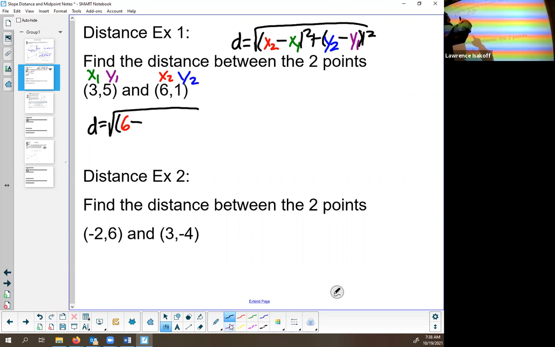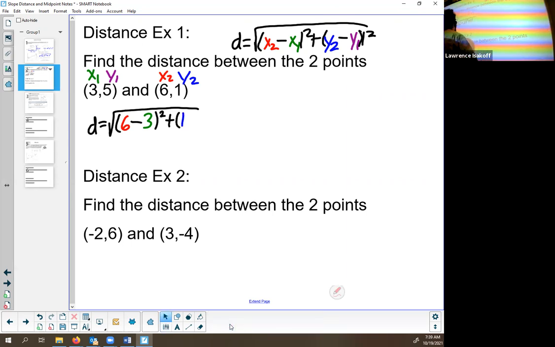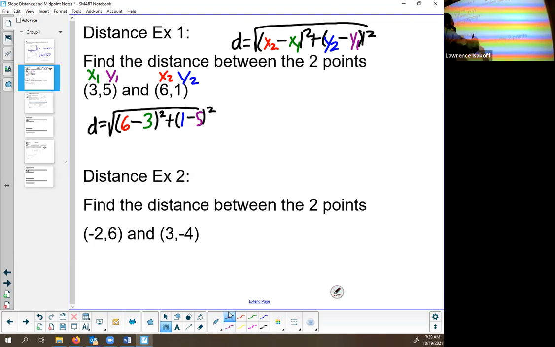Minus, what's my X1 value? 3. Close parentheses squared. Plus 1, that's my Y2 value, thank you for that. And then what's my Y1 value? Close parentheses and squared.